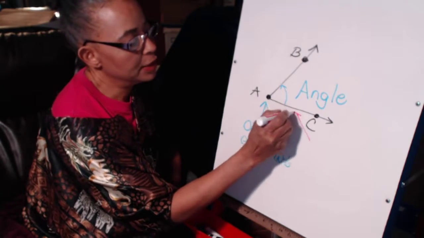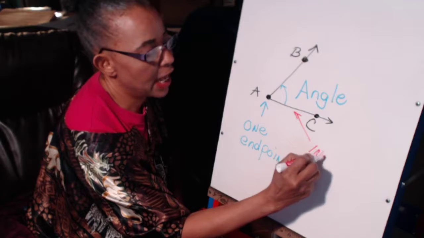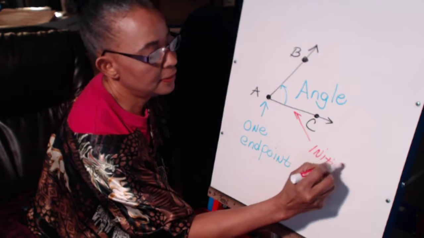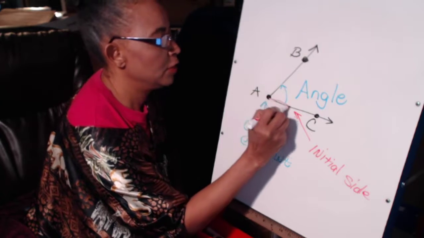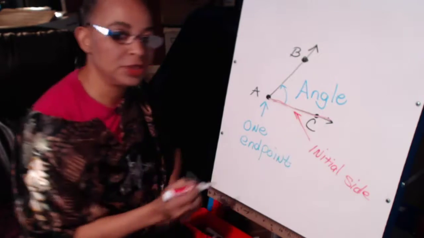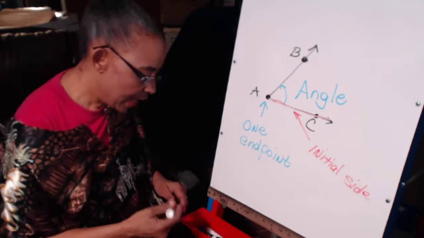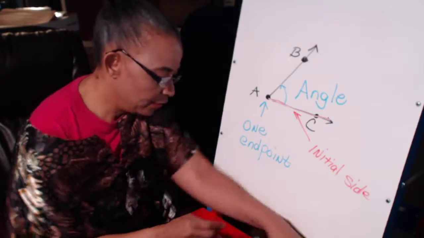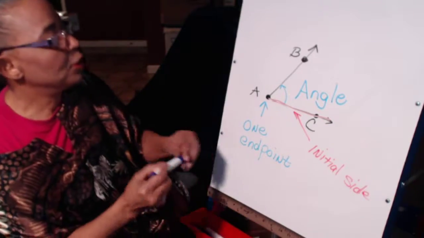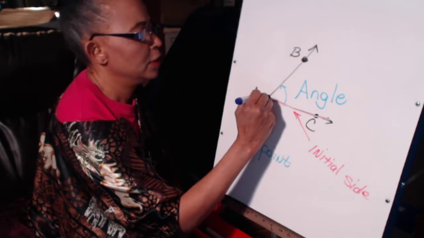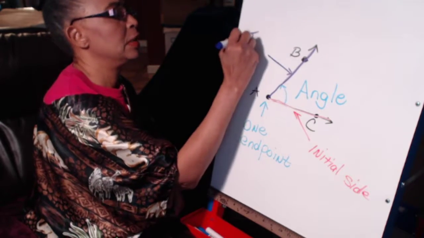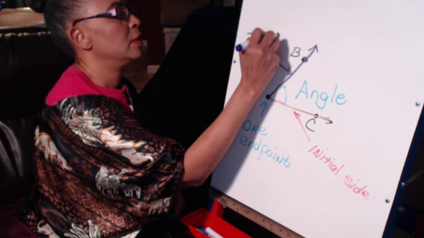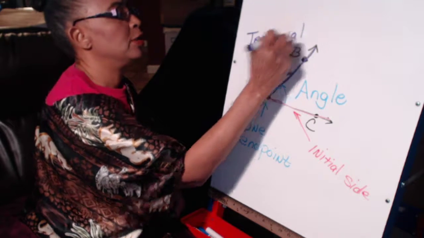Now, let's describe all parts of this. This ray would be the initial side. And then we would have our terminal side. So this ray is our terminal side.